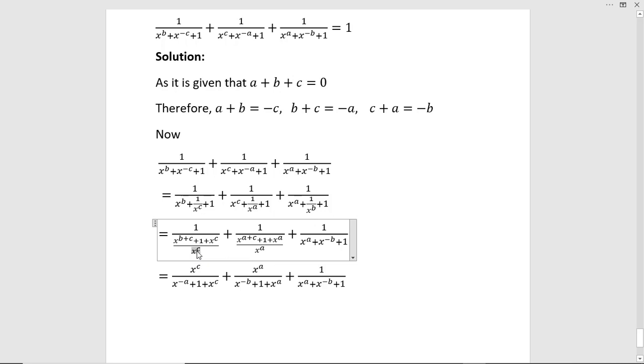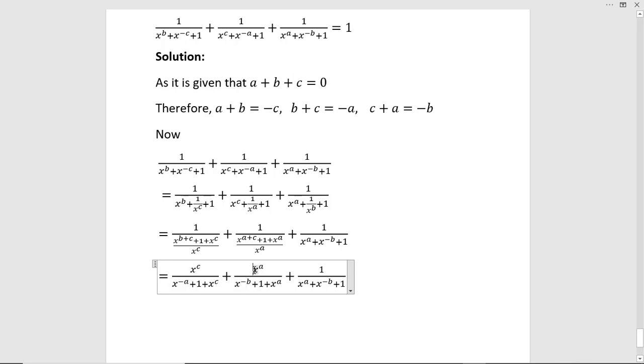As it is the denominator of the denominator, when it is divided by 1, the term will be flipped. So x to the power c will go to the numerator, and the numerator of the denominator will become the denominator of the new fraction.